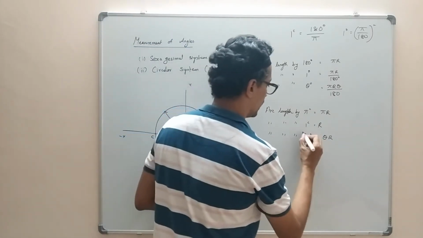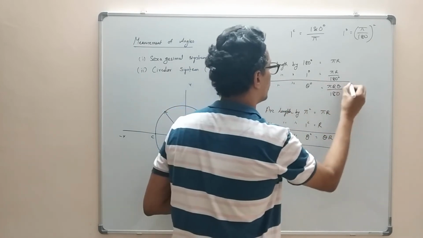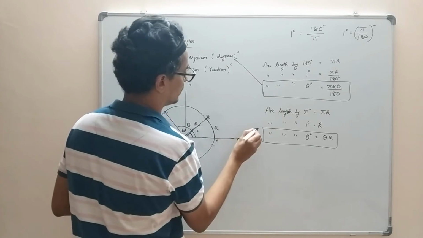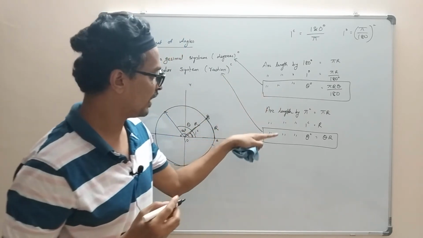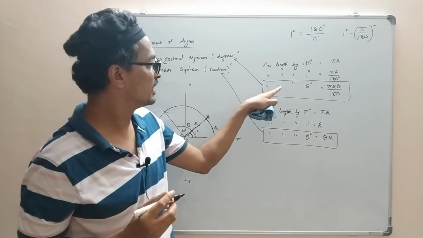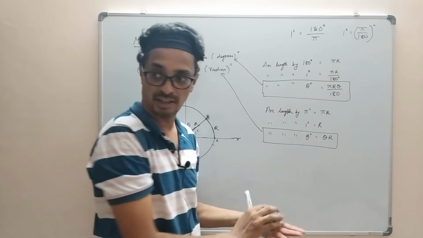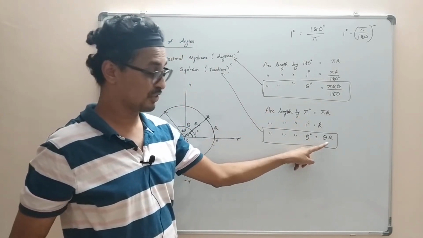So this one is in your sexagesimal system and this one is your circular system. And there's an advantage of having a circular system over the sexagesimal system. There is a pi sitting here, but here there is no pi.